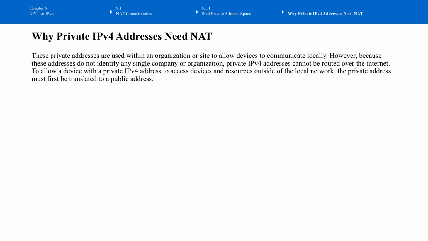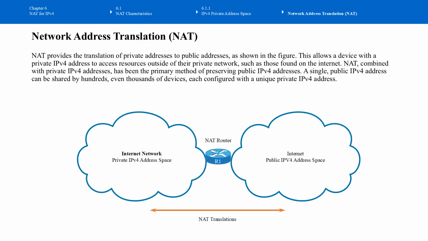If internet routers tried to route private addresses, they would have no way to determine which 192.168.1.10 you are trying to reach. For this reason, the Internet Service Providers, the ISPs, and the internet routers do not forward private IPv4 addresses.